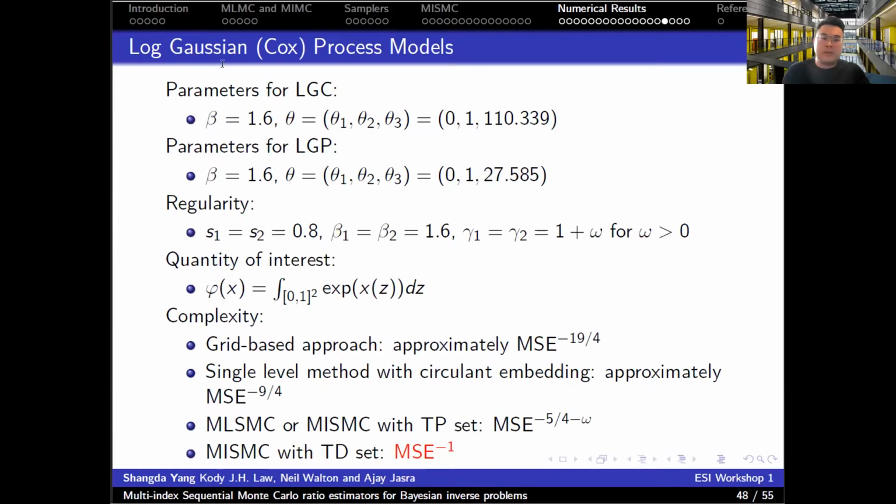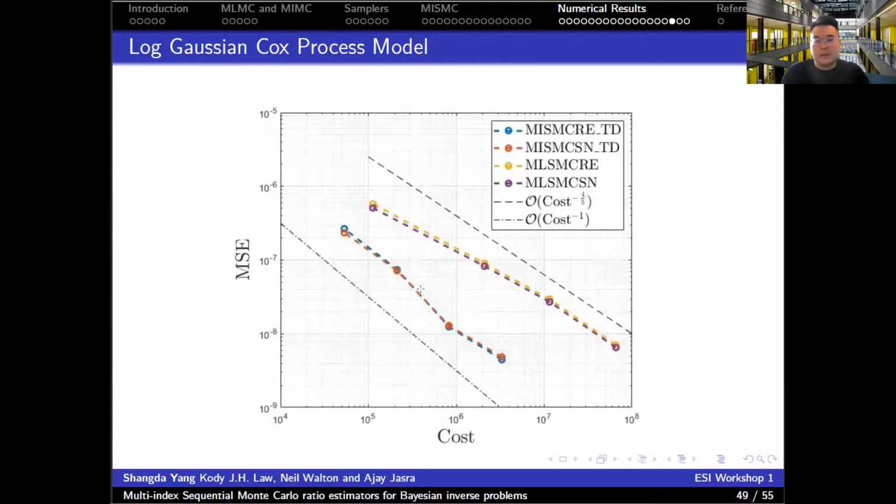For this LGCP model, we have single level MSE to the power of -9/4, and MLSMC or MISMC with the TP set has MSE to the power of -5/4. This is subcanonical. But with the MISMC with the TD set, we can achieve the canonical rate. And here's the plot.